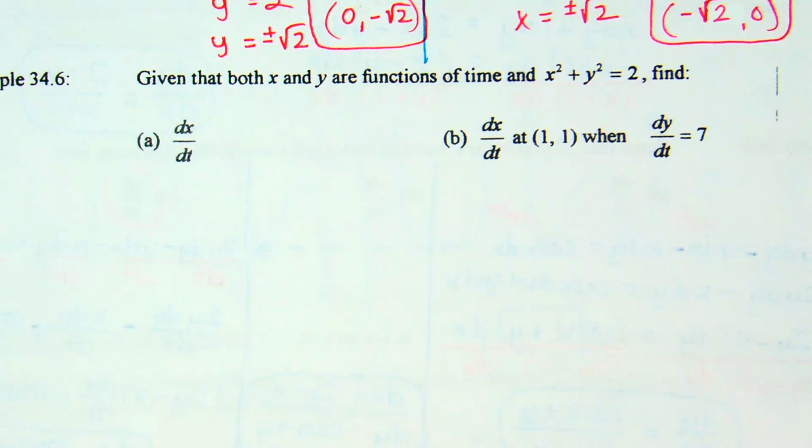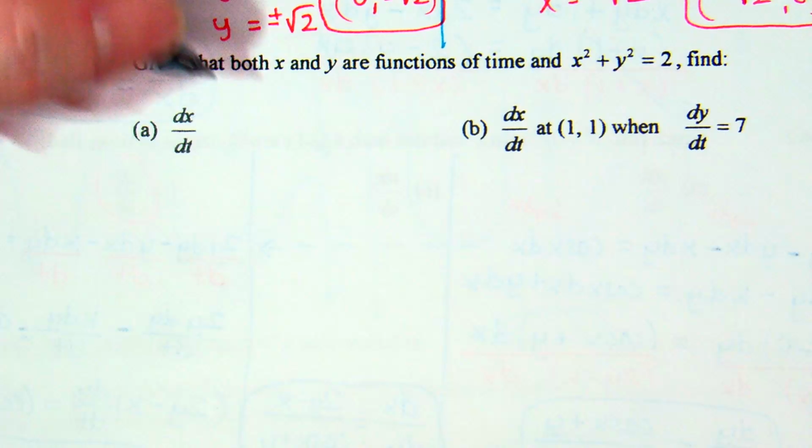Okay. So if we go back to the beginning, x squared plus y squared equals 2. If you're taking the derivative in terms of whatever it is, so derivative of x squared is 2x dx, plus the derivative of y squared is 2y dy, the derivative of 2 is 0.